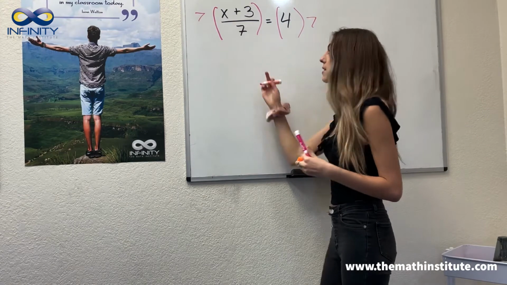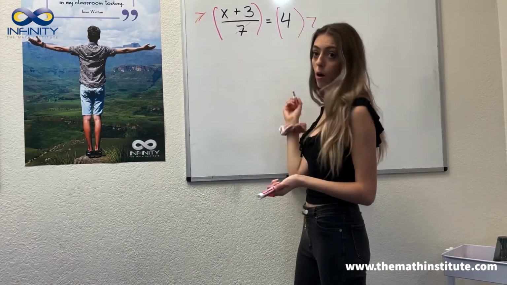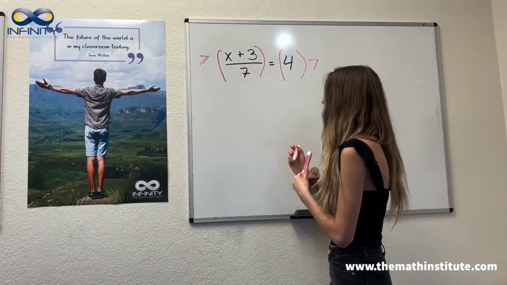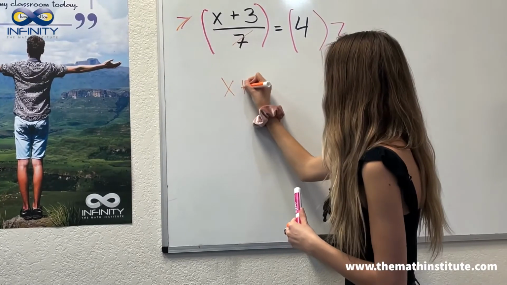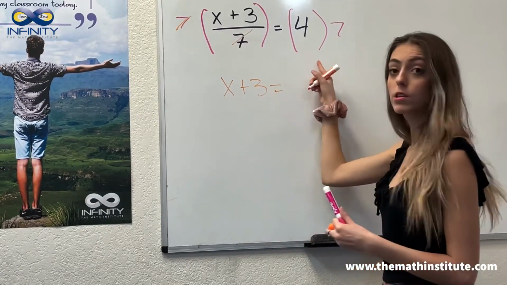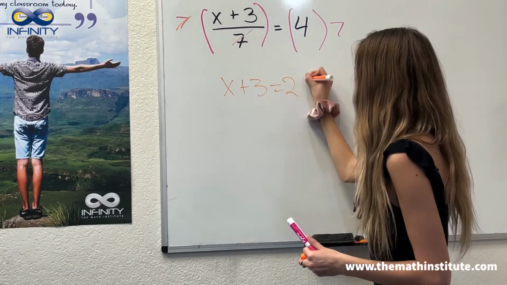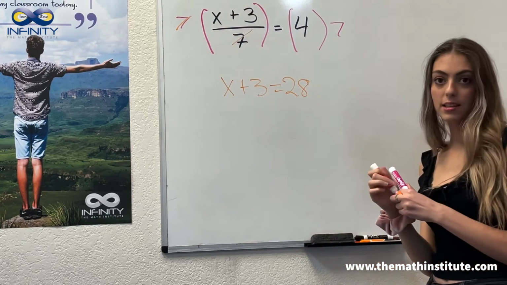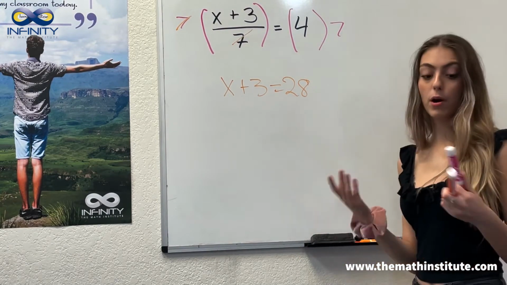This way, 7 and 7 cancel out, and we are going to get x plus 3 equals 4 times 7 is 28. And then lastly, we are going to perform APO.